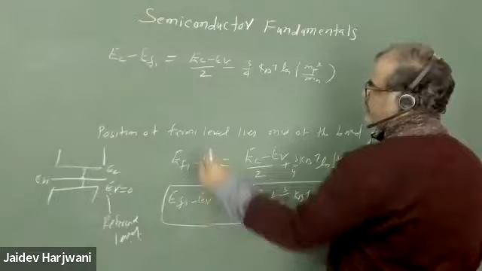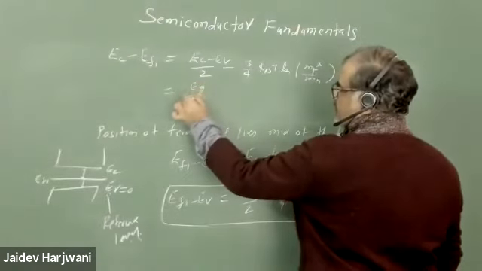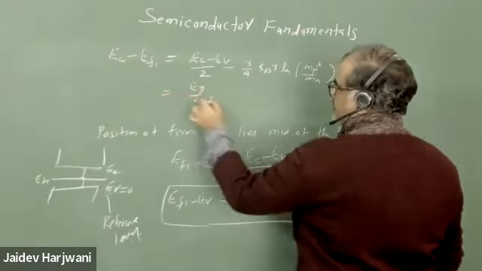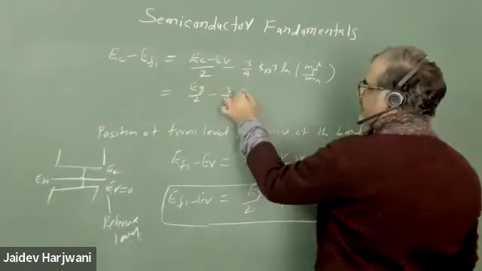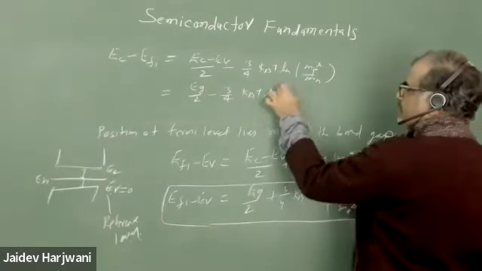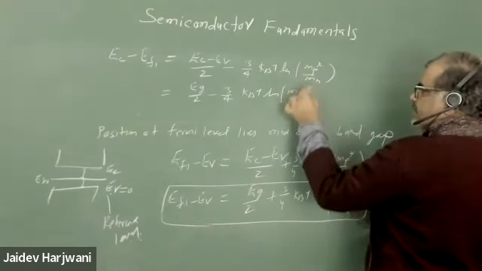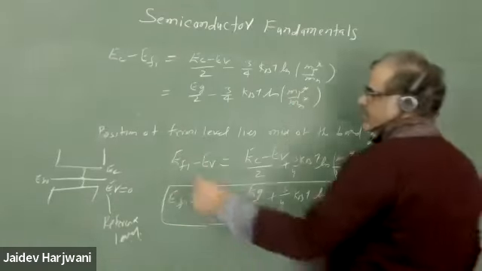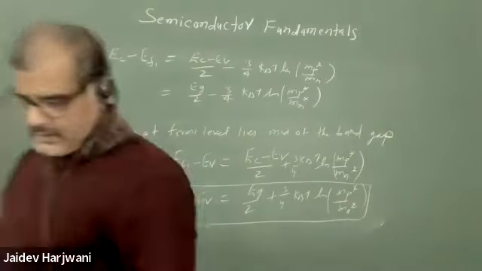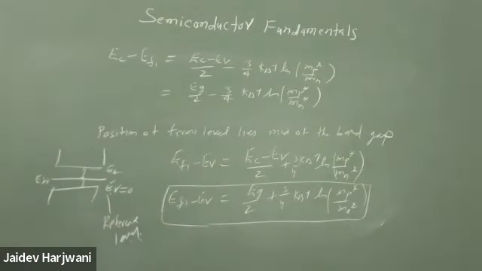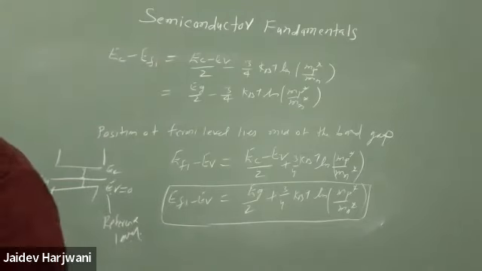So you can write Eg by 2 minus 3/4 kBT ln MP upon Mn. So this was the position of the Fermi level with respect to your valence band and your conduction band.